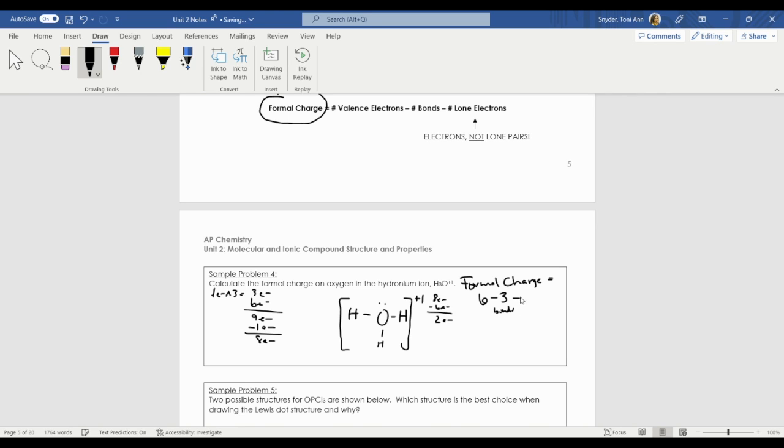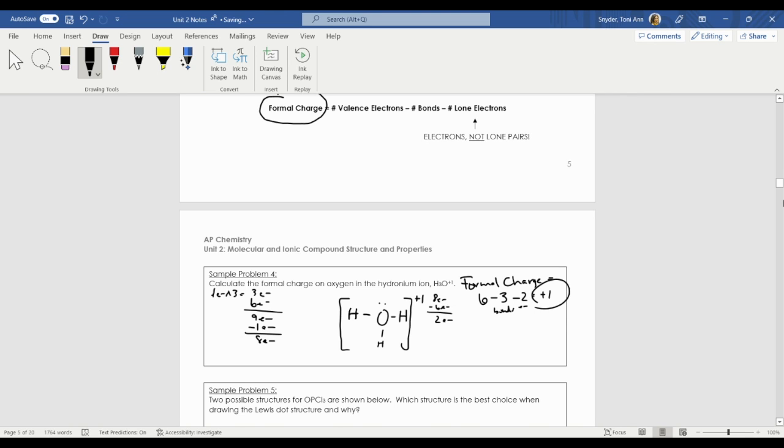So I'll do 3 bonds minus the number of lone electrons. So this has 1 lone pair, which means there are 1, 2 lone electrons on oxygen. So I'm going to do minus 2 electrons. And you find that that oxygen has an overall formal charge of positive 1.